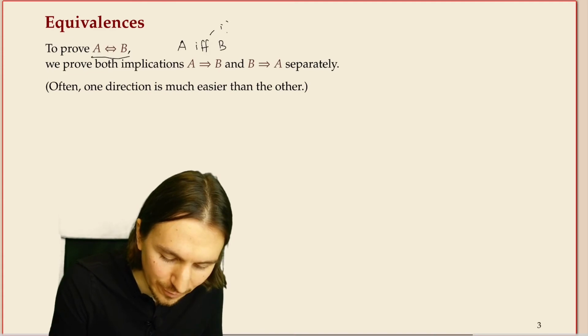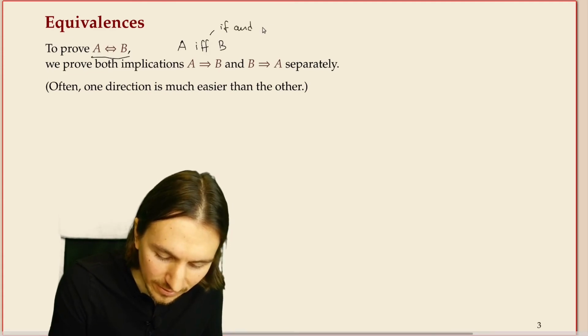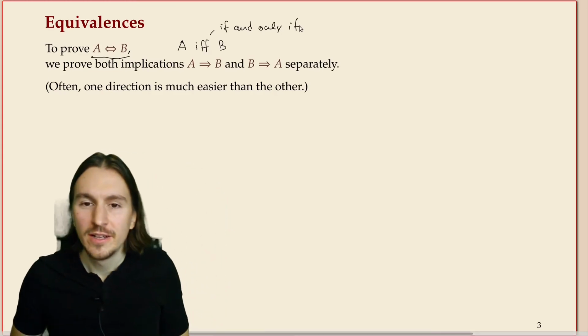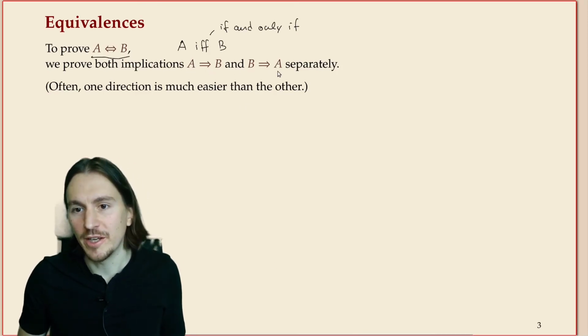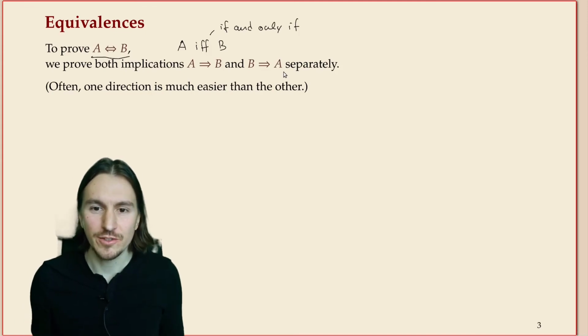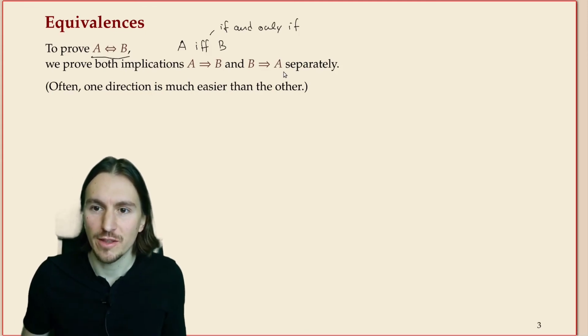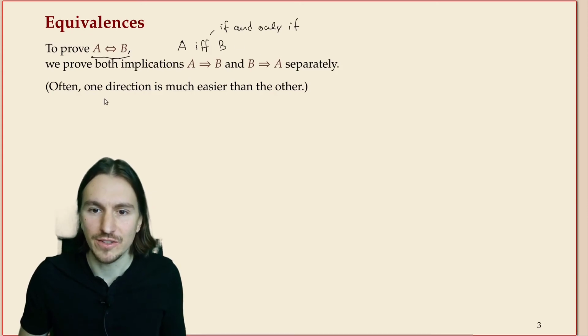So that's if and only if. So we can often prove both implications: A implies B and B implies A as just two steps. So it's two little subproofs that together show that A is equivalent to B in this sense.